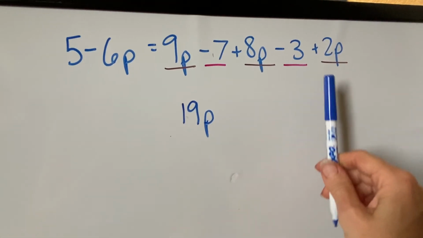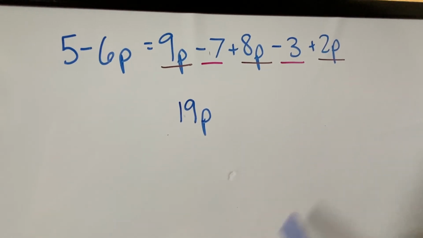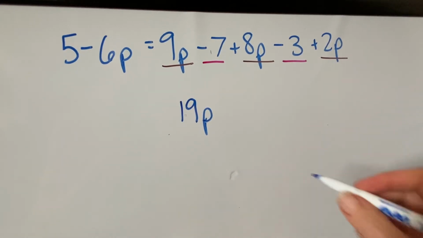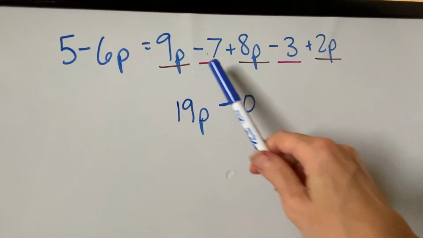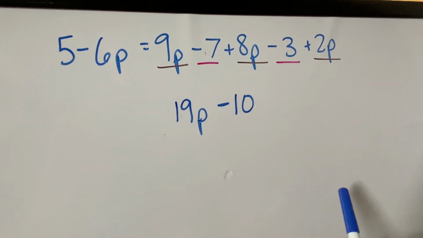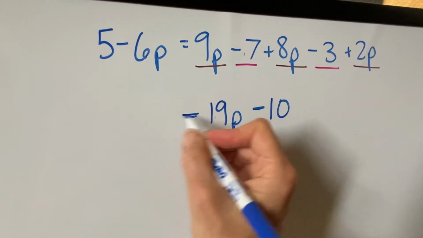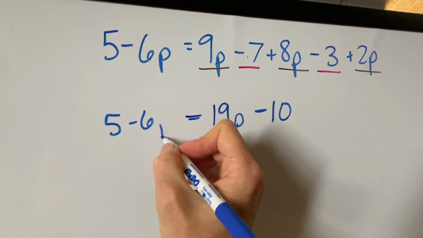Then we have a negative 7 and a negative 3. So we're going to add those things together. They're both negative, so we add, and we get 10, but we keep the negative sign. So it's 19p minus 10 equals 5 minus 6p.